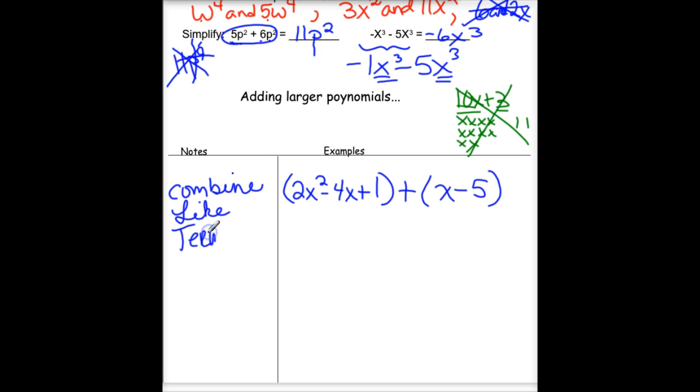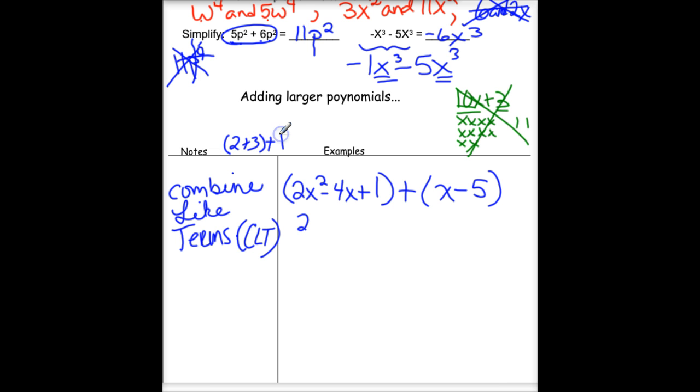A lot of kids towards the end of the year start calling that CLT. We're going to combine our like terms, and with addition, you get to just remove the parentheses, because with addition it doesn't matter what order.